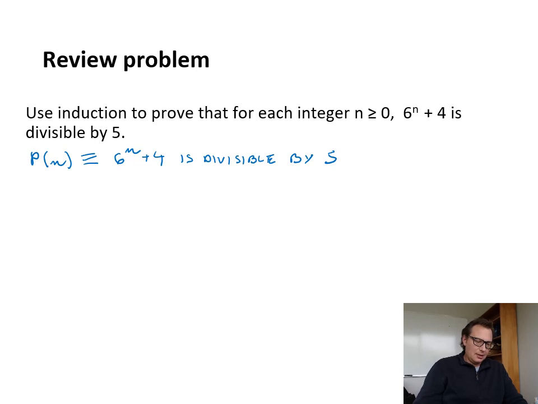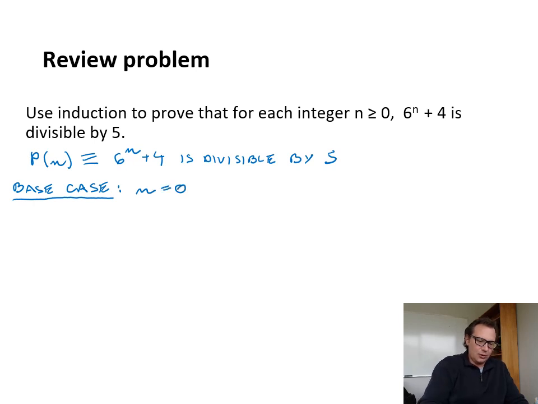Okay, now the next step is our base case that we have to prove. For this problem, we want to prove this for every integer greater than or equal to 0, and so our base case is when n is equal to 0.